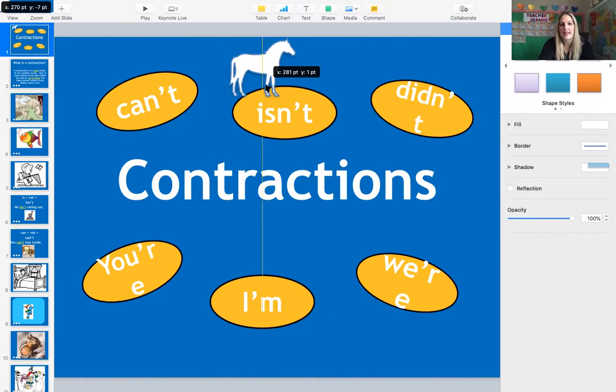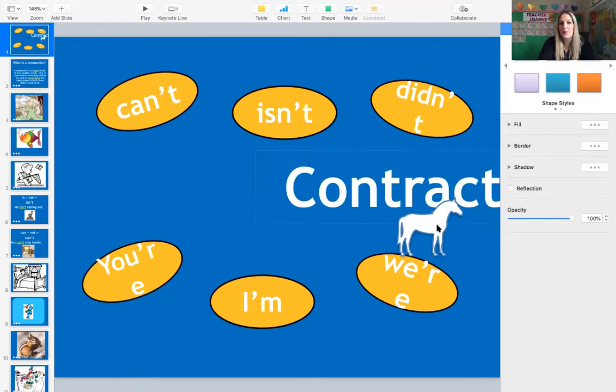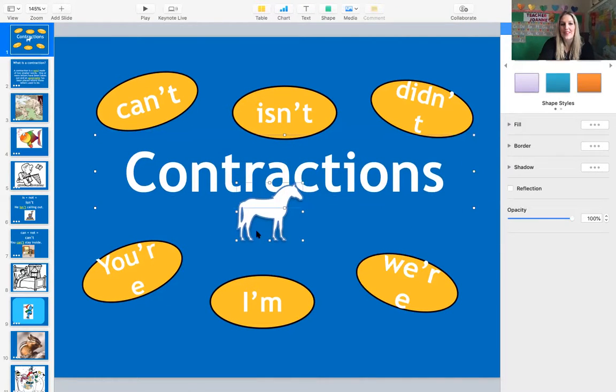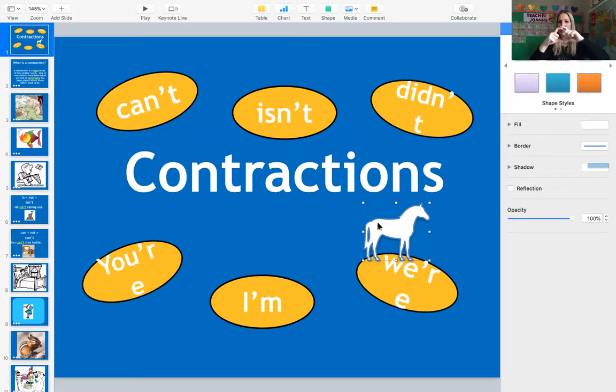Can't, isn't, didn't, you're, I'm, oops, it doesn't want to go to the last one here. Let's try this again. Oh, there we go. We're. Okay. There are 6 contractions in the yellow circles.